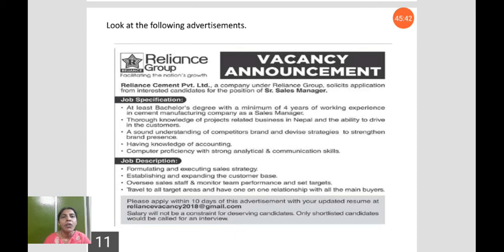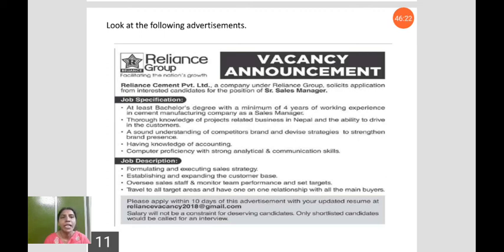Having knowledge of accounting, you can write your knowledge of accountancy. If you are an accountant, or have studied something related to that, you can write. And see, computer proficiency with strong analytical and communication skills. In the strengths, you need to write strong analytical skills and communication. These are mandatory for the employer, so better you write these two skills in the strengths.